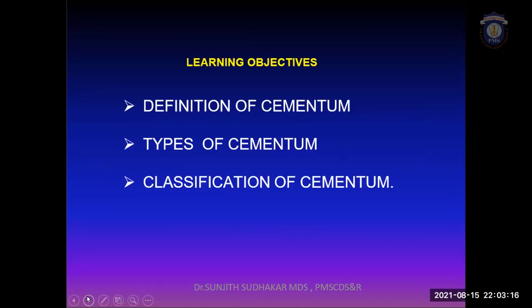The learning objectives from this topic would be to study the definition of cementum and study the types of cementum. Otherwise, the question can be asked as classification of cementum, on the basis of different criteria and according to the Schroeder and Page classification, so the different types of cementum have to be studied.